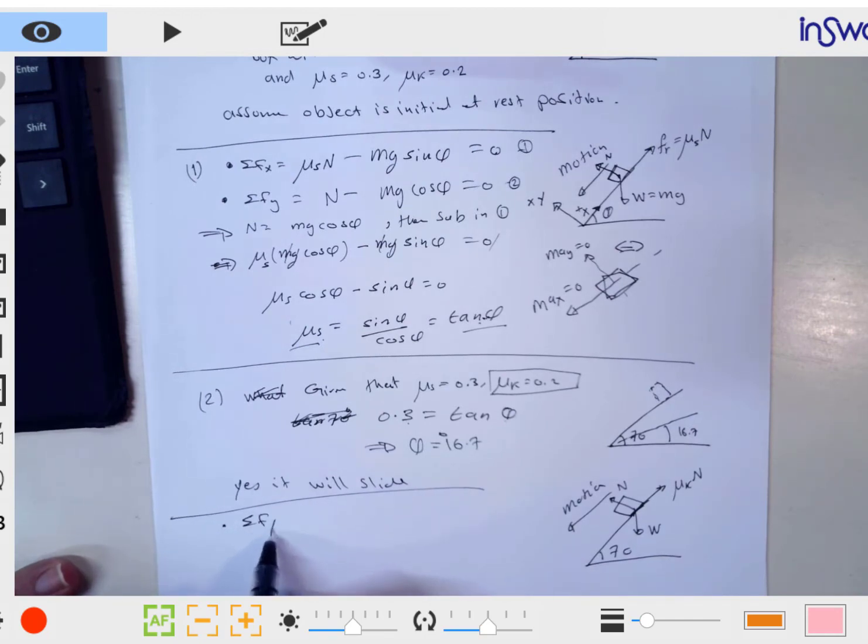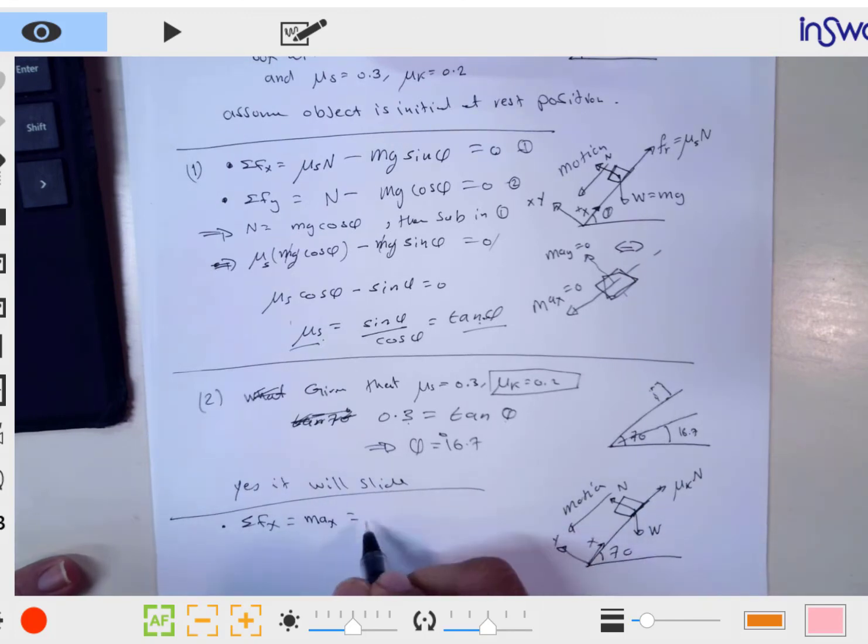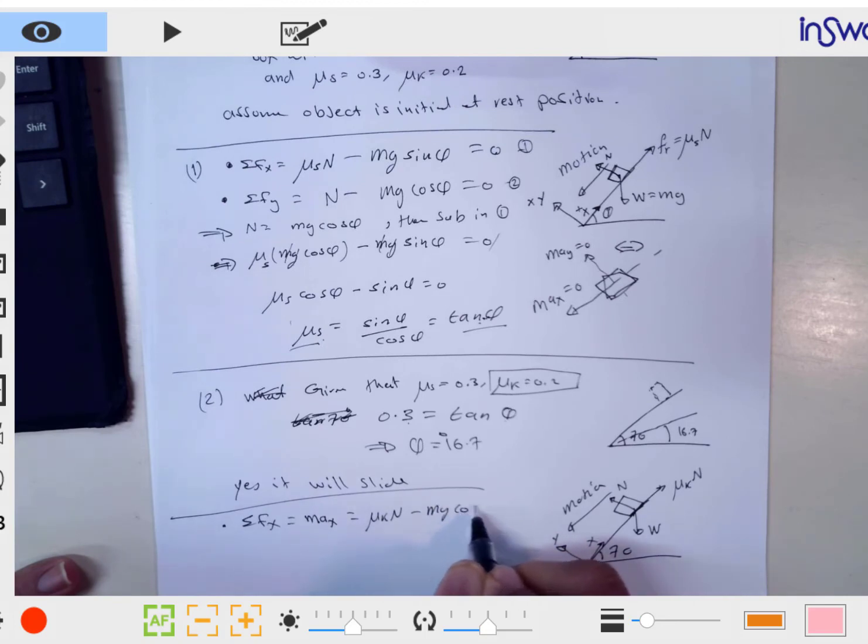So summation of forces in x using the same coordinate system equal to m of the particle a x equal to mu k N minus mg cosine theta. Which theta? Not that theta, but the 70. This is the problem we are trying to solve, right?